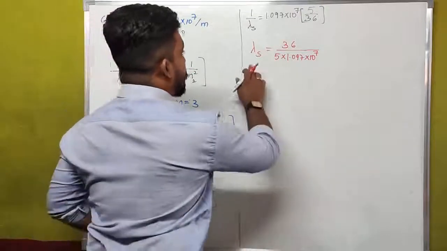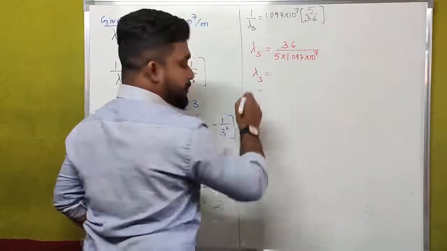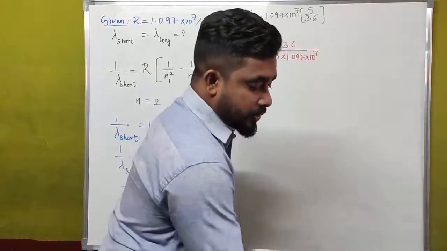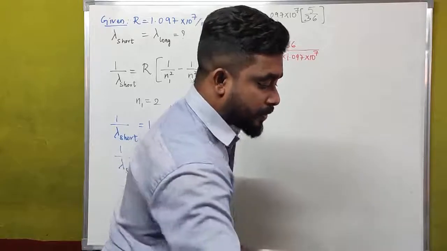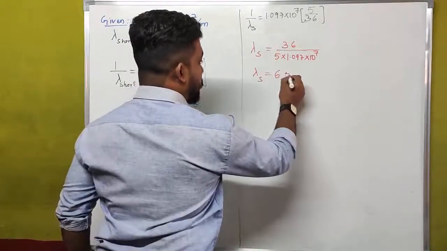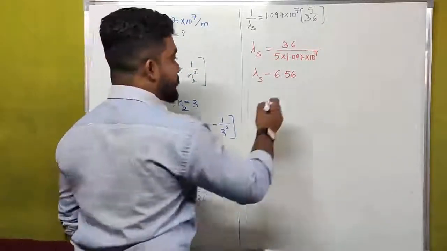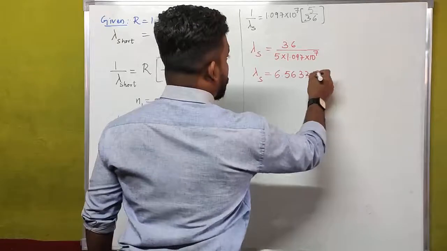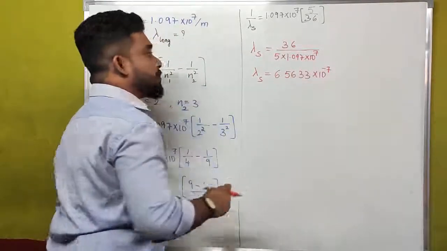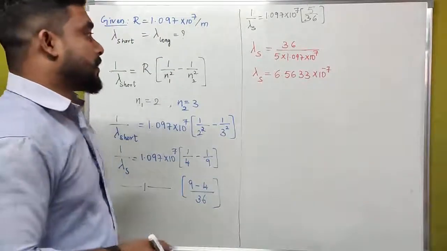Next, if we calculate this, what we will get here is lambda s is equal to 6.5633 into 10 to the power of minus 7. Because if we send this 10 to the power of plus 7 to the numerator, it will become 10 to the power of minus 7.